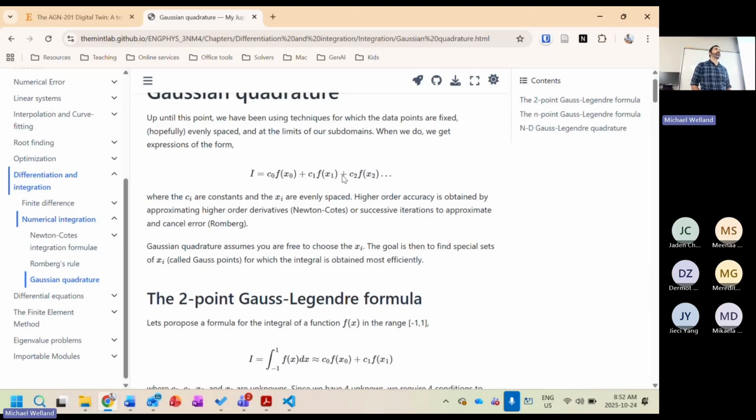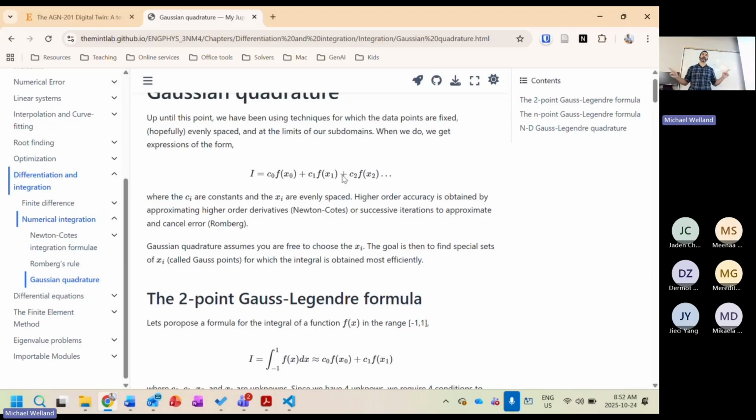It does require either a callable function, because you're going to have to evaluate your function at certain points. Spoiler alert, the points are actually very well characterized. You can find them exactly where you want them. Either we would need the ability to call the function at those points, or we would have to engineer our entire framework to give us those function values at that point.